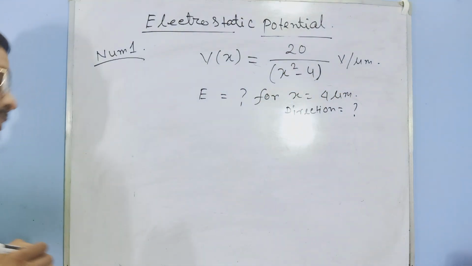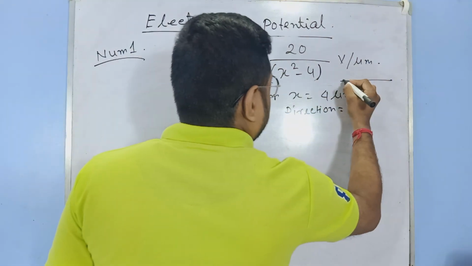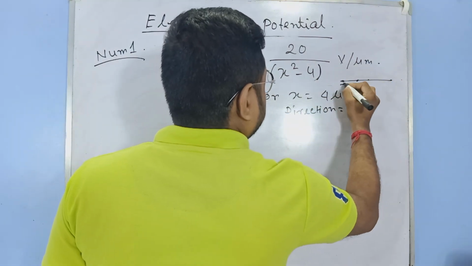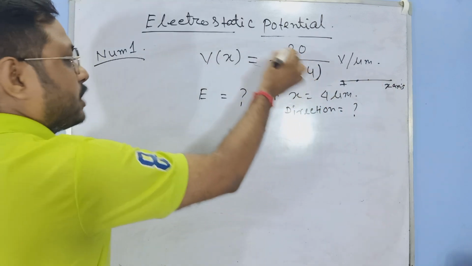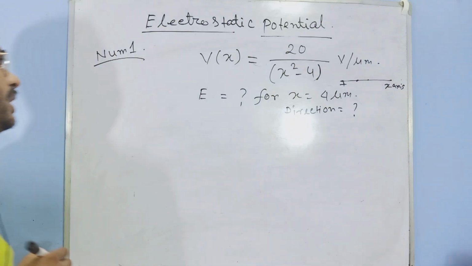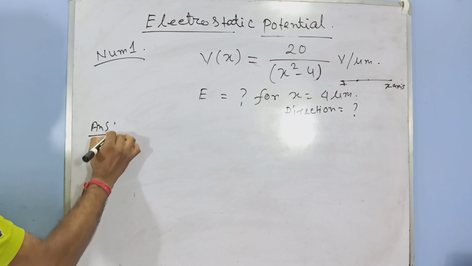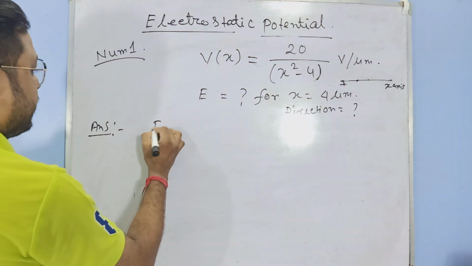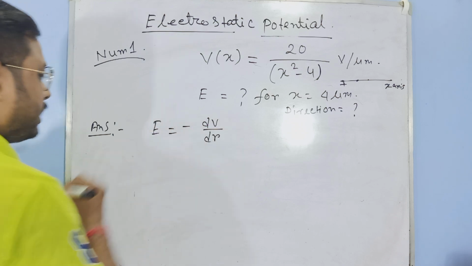How can we solve this? Due to the symmetric charge on the positive x-axis, the potential is given, and we have to find the electric field. As we know, E equal to minus dV/dr.